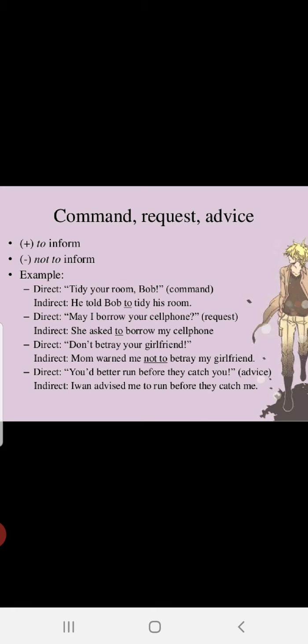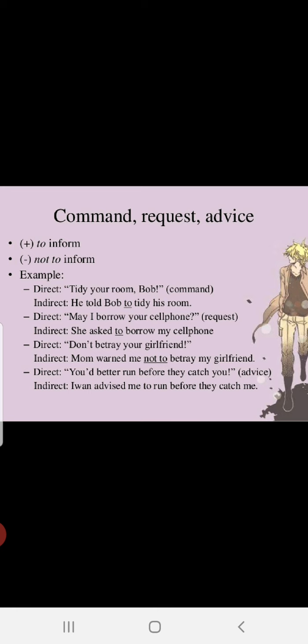Tidy your room, Bob. Yes, it is a command. He told Bob, see, it is not at all said or he said or something. As this is a command, we should use told. He told Bob to tidy his room. See, the infinitive to is used. What command did he give to Bob?